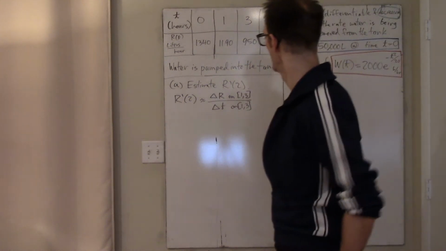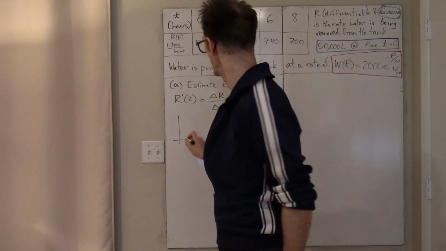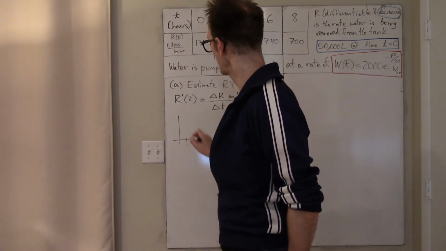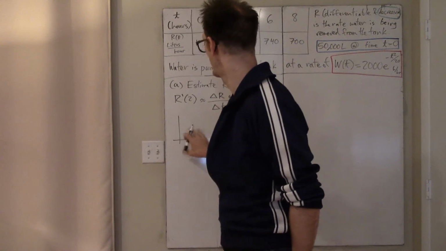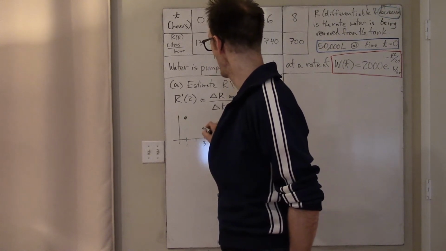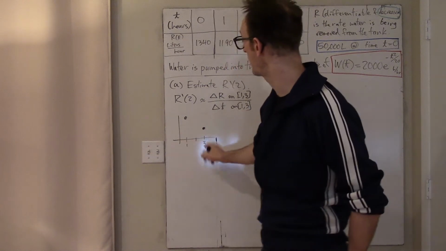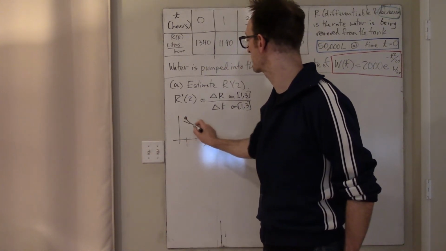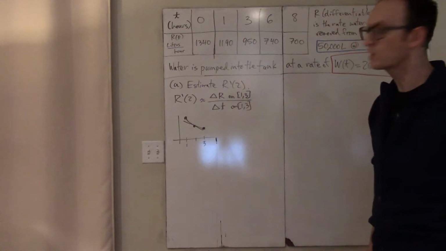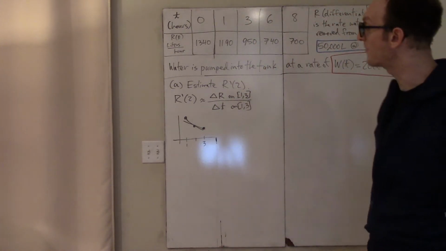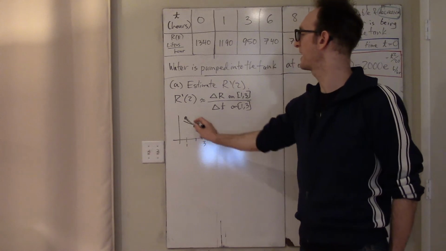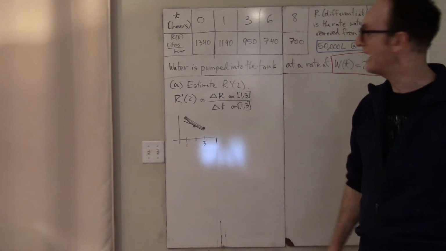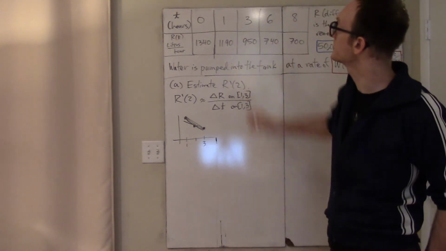And if you want some kind of picture of this, well, here's 1. I'll just draw a generic function. Here's 2. Here's 3. If I have some function, and I don't know anything about it except its value at 1 and 3, and I know it's decreasing, well then, the derivative at 2 is the slope of the tangent line, and the slope of the tangent line is not going to be too far off from the slope of the secant line on that interval. Anyway, it's the only thing we can do, because we don't know what's going on at 2 exactly.